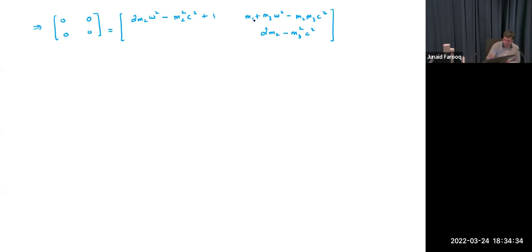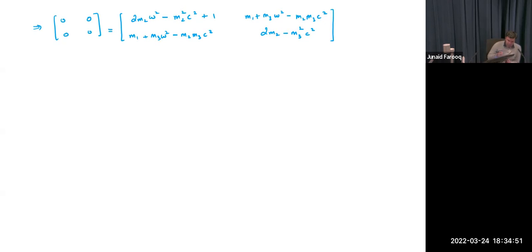And here is the same as the off diagonal term, so I will just copy that here. Okay, so that's the equation we want to solve.